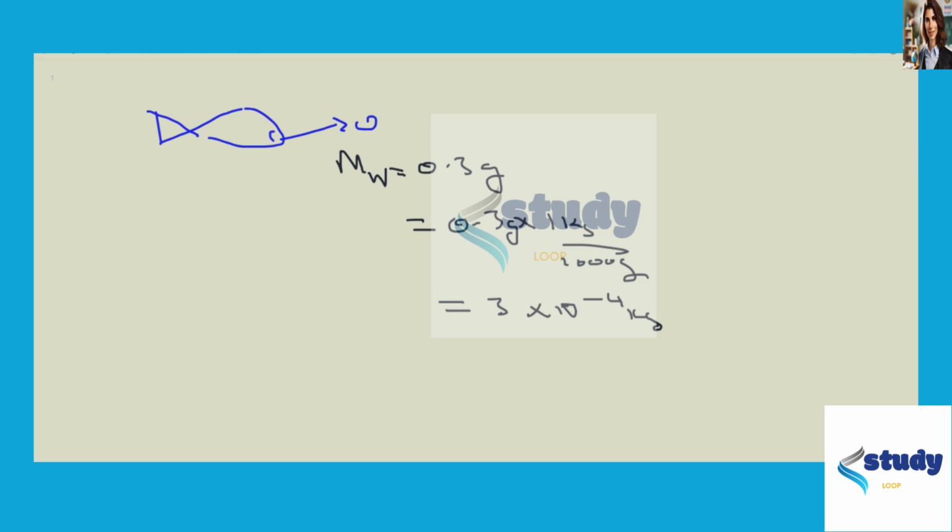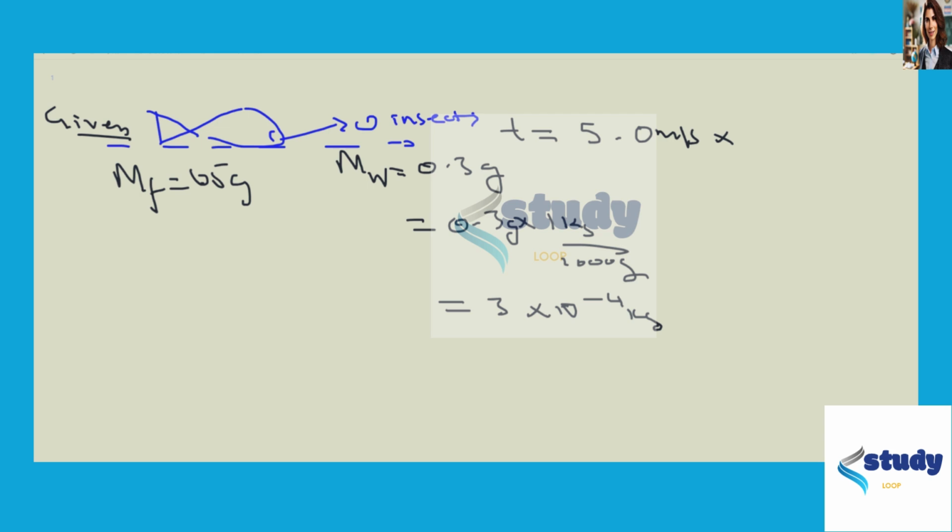And the purpose of that is to capture insects. So these are insects. We get that the mass of the fish is 65 grams, and we can leave it like that. We don't need it in this problem. This is the information that we're given, and also we're given that the time it takes for the drop to go outside the mouth of the fish is 5.0 milliseconds, and we can change that to seconds by multiplying by 1 second per thousand milliseconds.